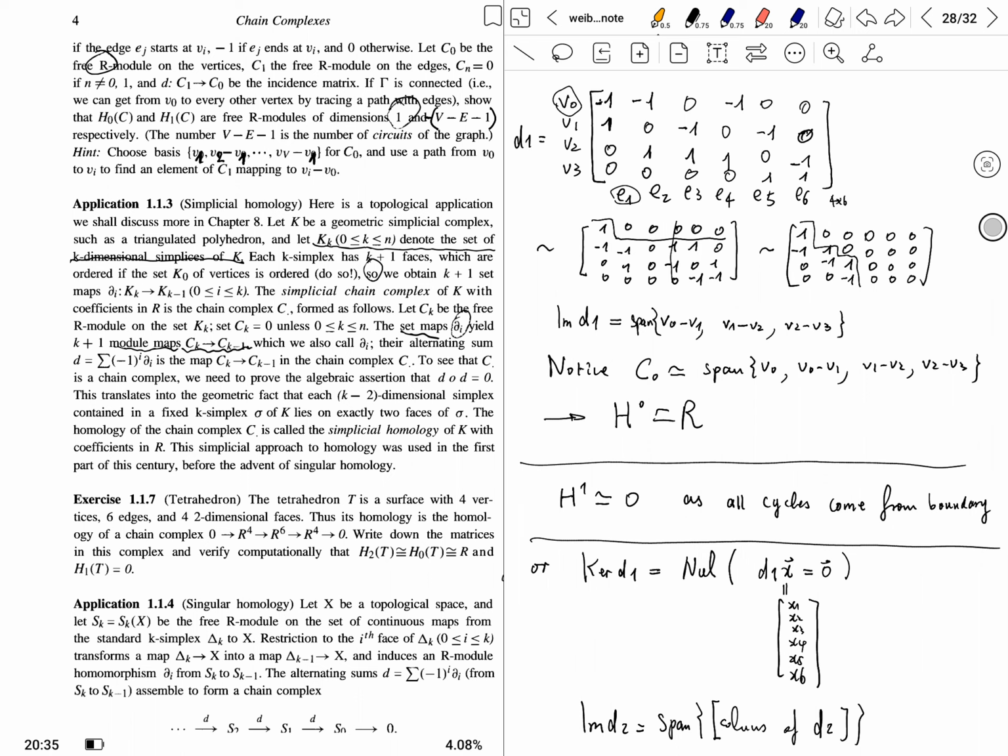You cannot. Just take an easy example. If it happens that your kernel of D1 is generated by the vector v, and you notice that your image of D2 is actually the span of 2v, then what should be your conclusion?